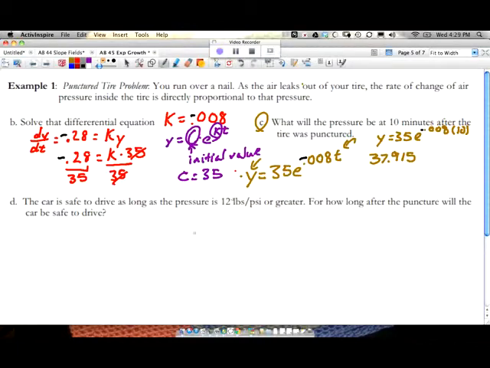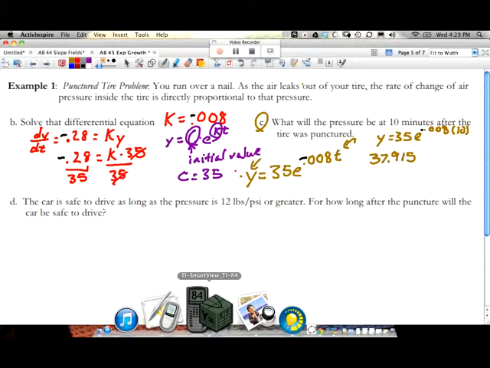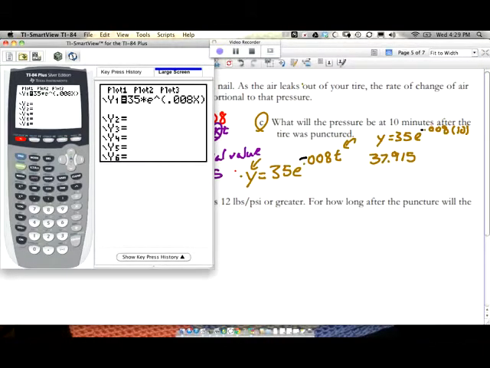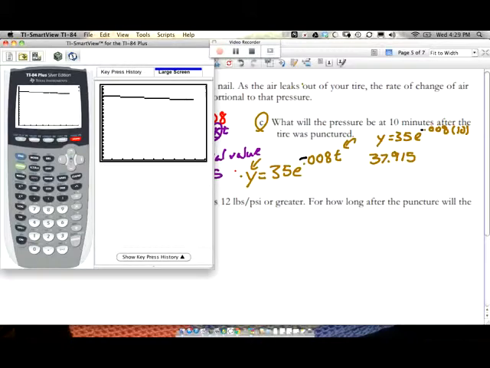So let's see what our value would be this time. I need to recalculate this, but put in a negative in front of that 0.008 because it's decreasing, not increasing. So I'm going to do second, insert, and then negative. Now it's decreasing. Check this graph. We're going down. So we're here at about 35, and then what's this at about 10 minutes?